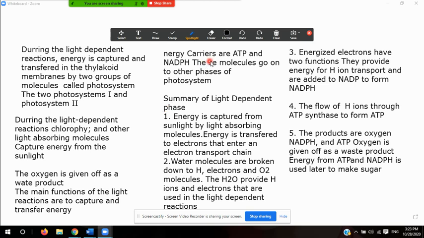It says energy carriers are ATP and NADPH. These molecules go on to other phases of photosynthesis.